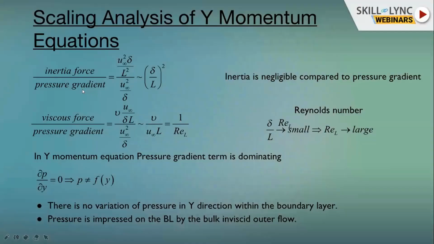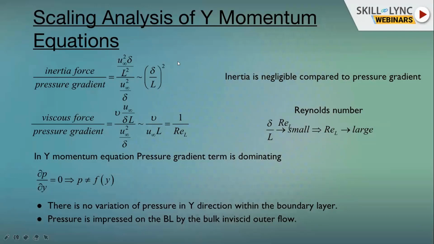Once we divide the inertia by the pressure gradient term, we get some magnitude delta by L to the square. And what we find is that for a slender body, the delta by L term is very small. The square of a small term is also small; mathematically this approaches 0.